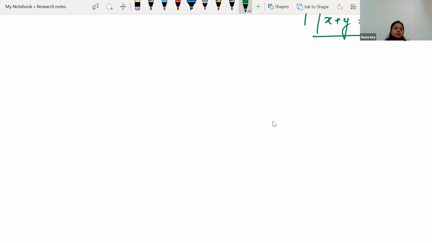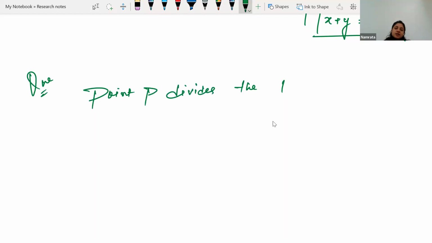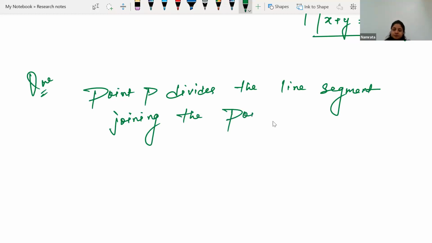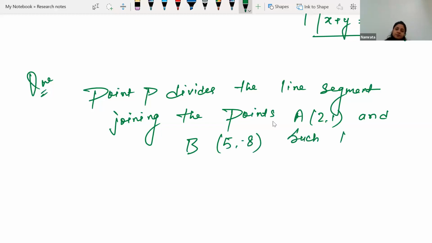Okay, point P, again one of the questions from coordinate geometry only, which says that point P divides the line segment joining the points A and B such that AP over AB is equal to 1 by 3.